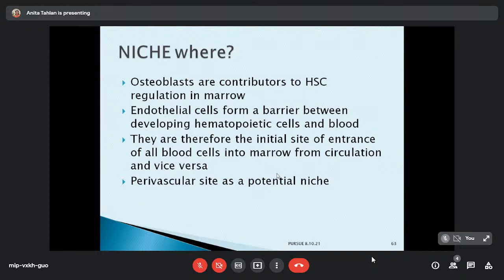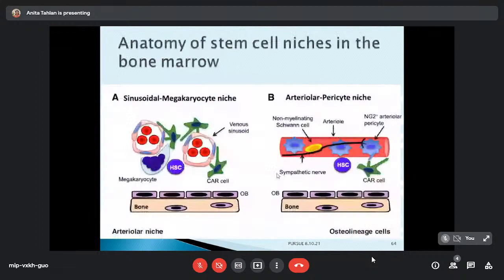And third is the perivascular site. So osteoblasts, endothelial cells, and perivascular sites are the niches. These are now well recognized sites of stem cells, which are the sinusoidal megakaryocytic niche and the arteriolar niche.